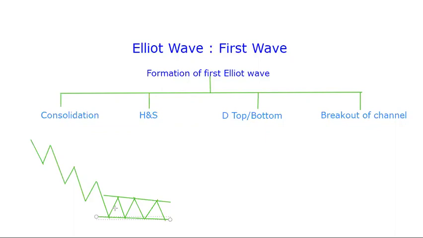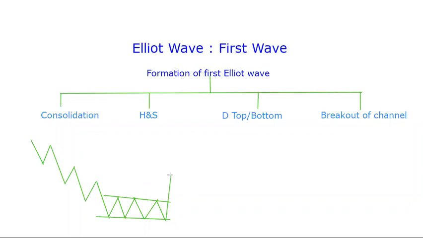Because if you do not have a setup or a strategy, then you are never going to improve in trading. So wait for the setup, wait for this consolidation to complete. And once the consolidation has completed, say I see a breakout happening. That would mark the first wave of this cycle that is going to form.